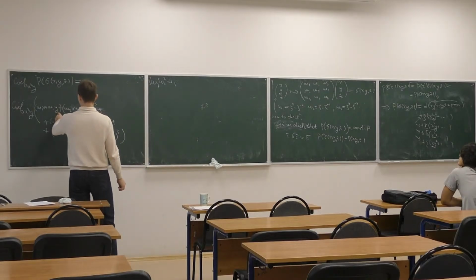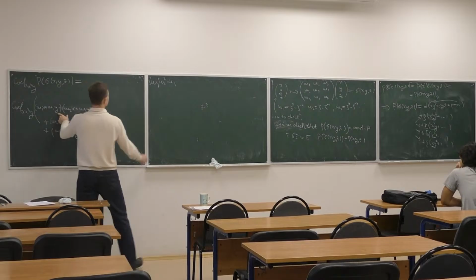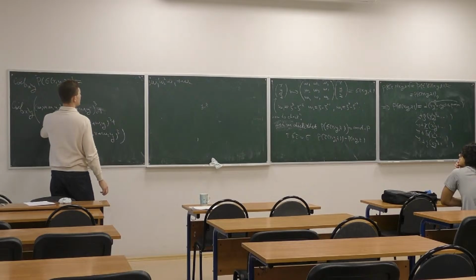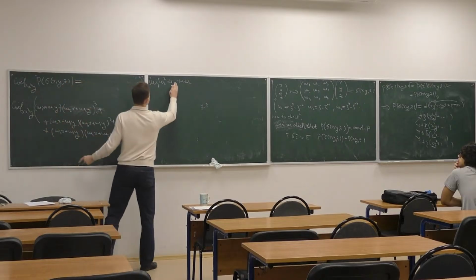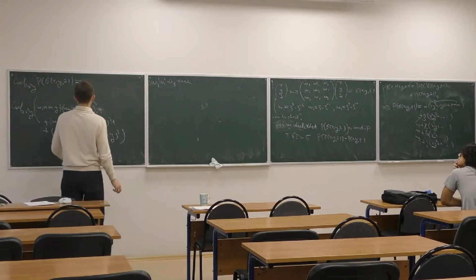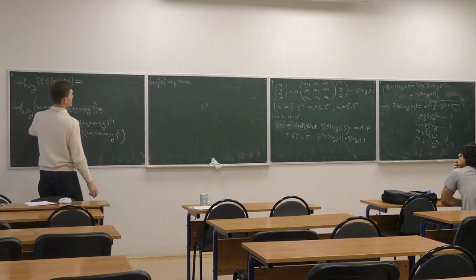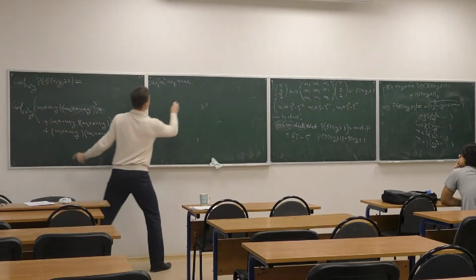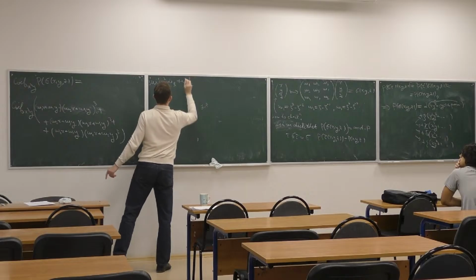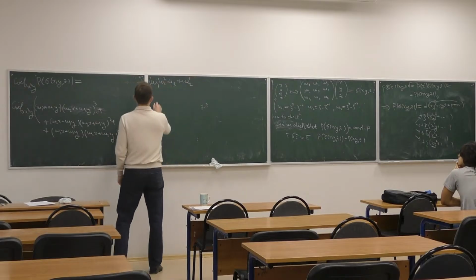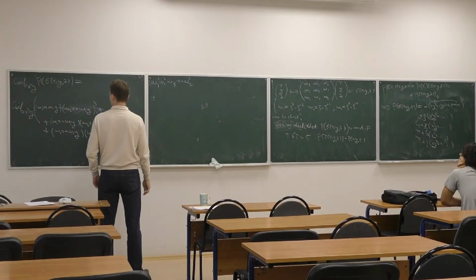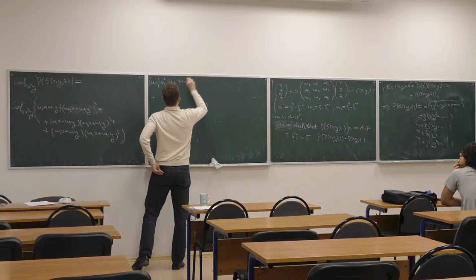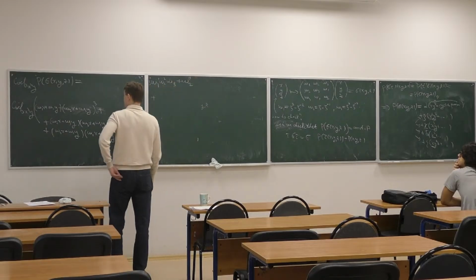Or you can take y from here and x cubed from here, omega 3, yes. Or you can take y from here, omega 2, and x cubed from here, omega 2 cube. Plus.